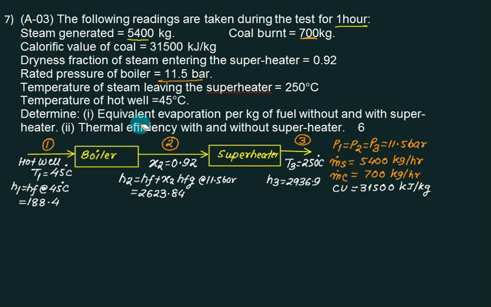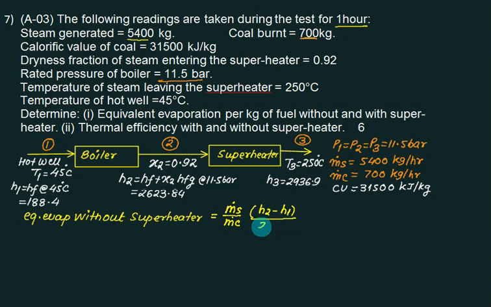First thing, we want equivalent evaporation per kg of fuel without superheater, meaning boiler only, and with superheater. One time you want for boiler and one time you want boiler plus superheater. Equivalent evaporation without superheater means you only consider boiler. So we have m dot s by m dot coal multiplied by H2 minus H1, divided by HFG at 100, 2256.